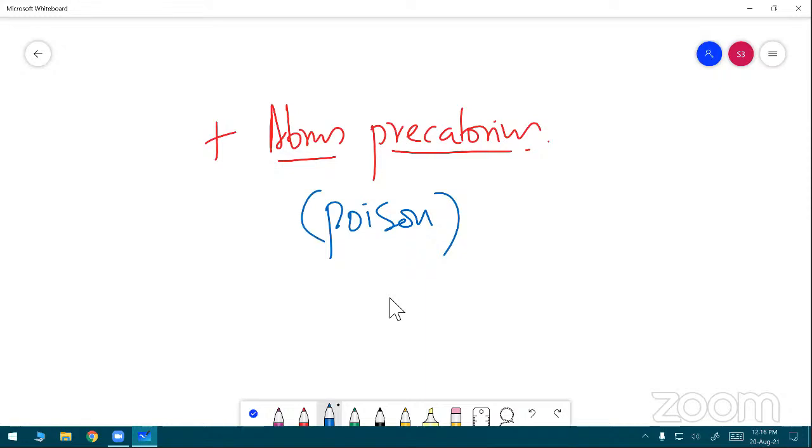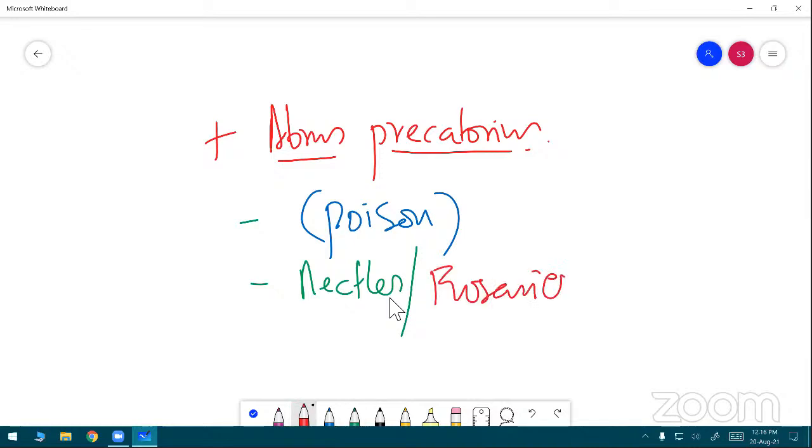And these seeds are used for making necklaces and rosaries.